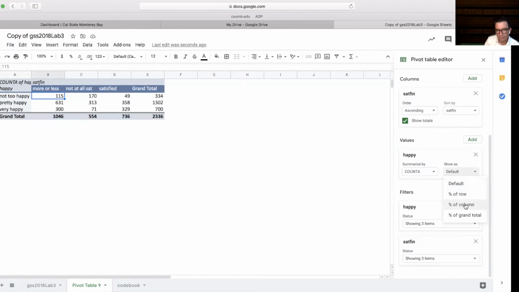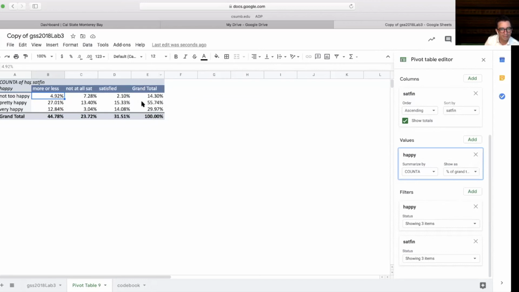Just for the sake of it, let's say I want to know, out of all Americans, what's the most common combination of these questions, right? So I'm going to go to percent of grand total. And now we see that each cell is expressed as a percent of all respondents, right?